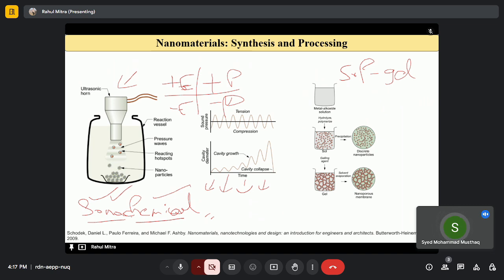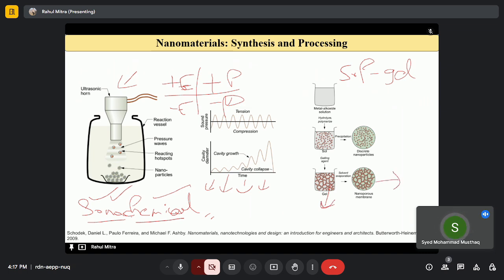A sol is a discrete, finely dispersed particle suspension, and this suspension is converted to gel by some chemical treatments, like adding some surfactants. Once we have polymerization and this enormous molecule, this network is called a gel, and if we evaporate the solvent from this gel, it will give a nanoporous membrane.